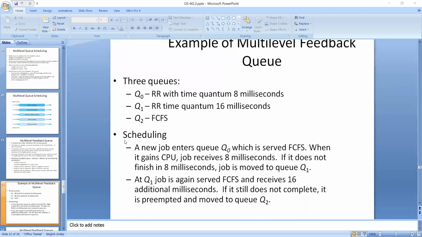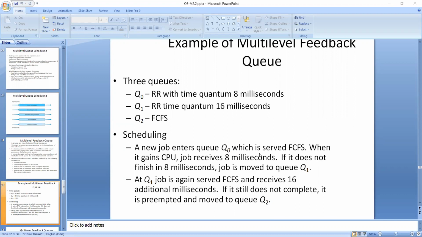In this scheduling, a new job enters Q0, which is served using first come first serve scheduling. When it gains the CPU, the job receives 8 milliseconds.